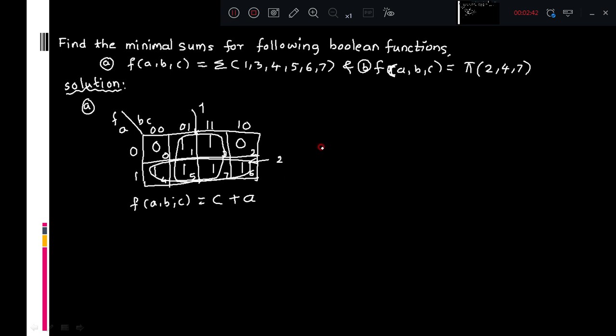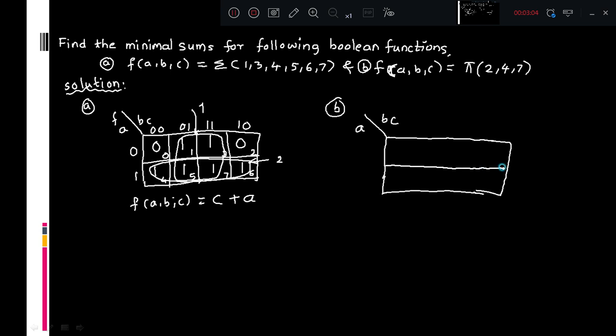Similarly, the second function f(a,b,c), a 3 variable function. Again draw the 3 variable K-map a b c. Here they are given pi value. Pi means the cell numbers in which 0 is there, that information is given.